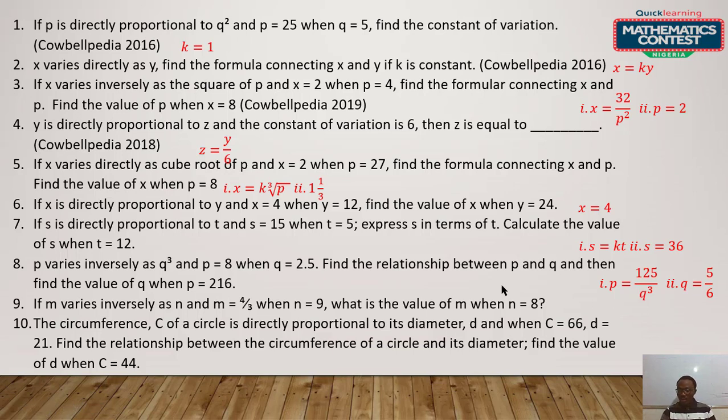So you have 3 minutes to solve number 9. If m varies inversely as n and m is equal to this when n is this, find the value of m. Let me just give you 3 minutes to solve that. I'm actually solving with you, so just continue.